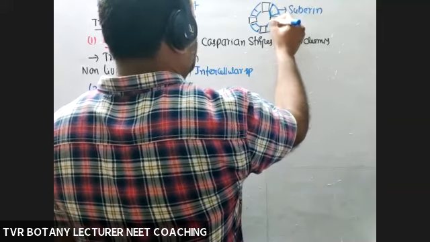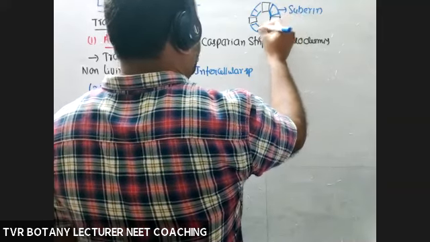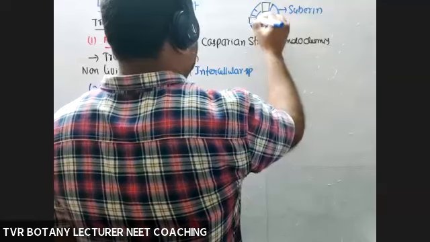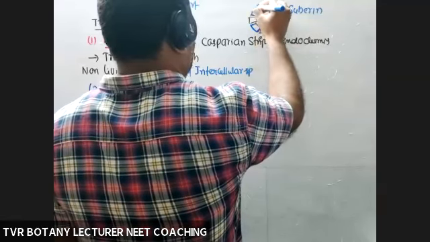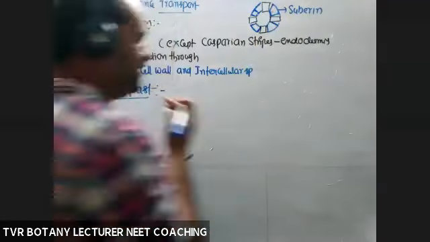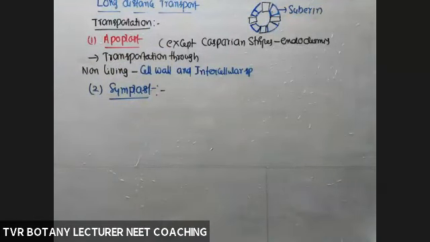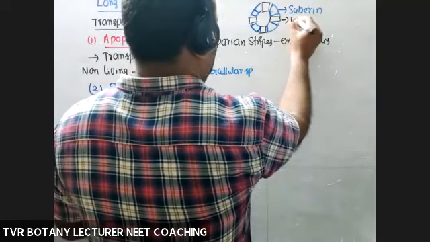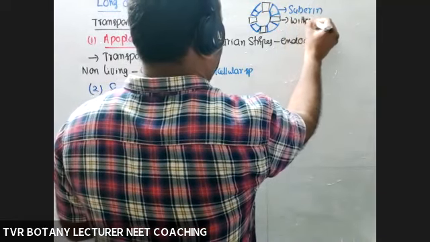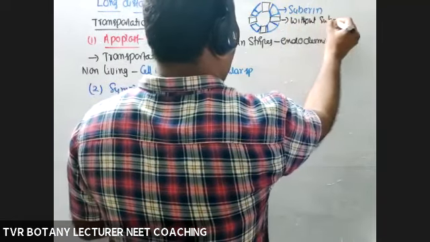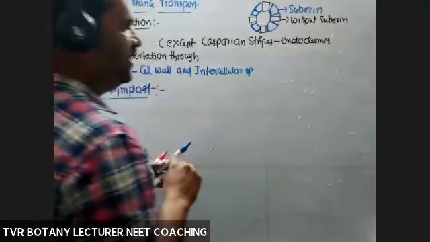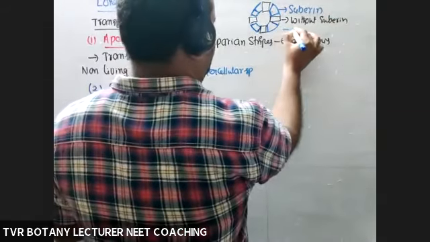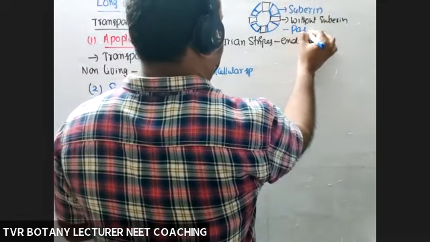Suberized, both tangential and radial walls, both horizontal and vertical walls, suberized. And what about this one? Without suberin, suberin is absent. And these cells are called passage cells.